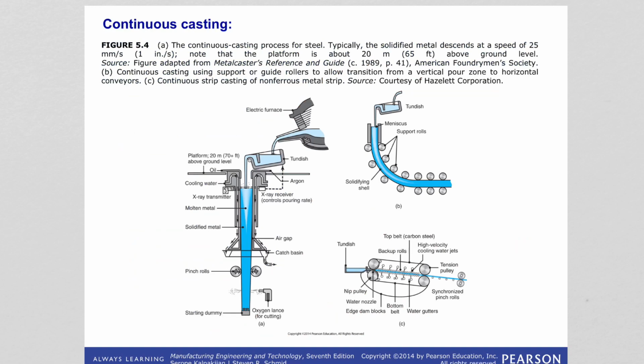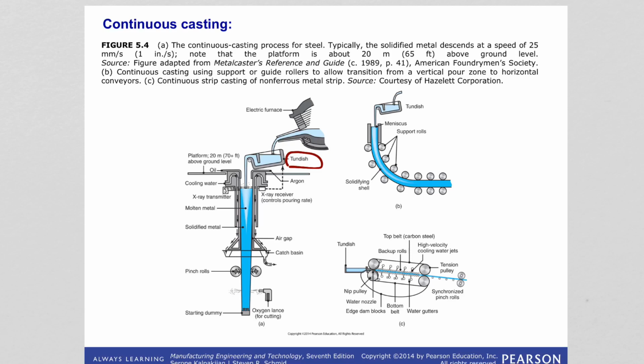So what is continuous casting? The molten metal in the ladle is poured into a refractory-lined intermediate vessel we call a tundish.